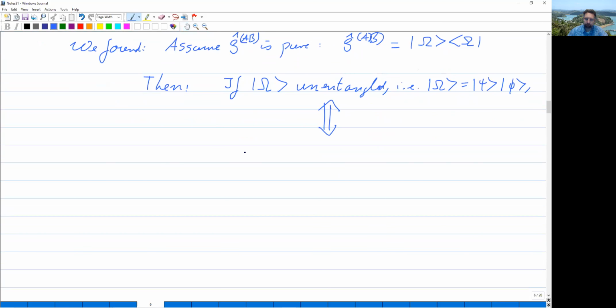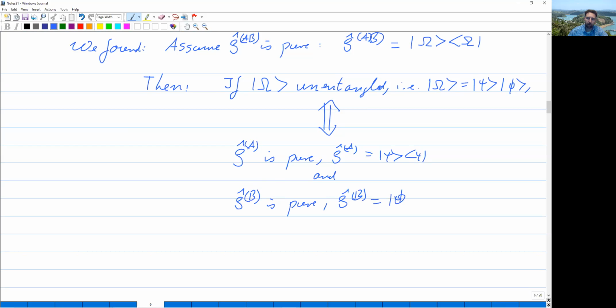Namely, that rho hat A is pure, namely rho hat A is equal to psi, and rho hat B is pure, namely rho hat B is equal to phi.